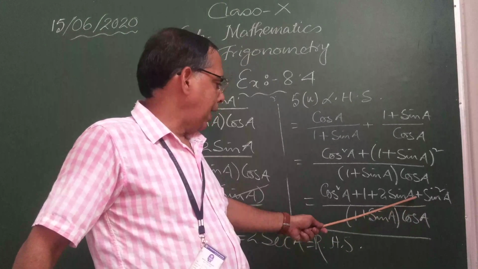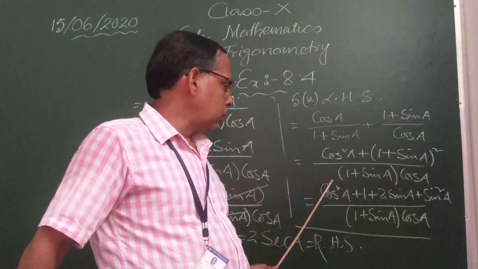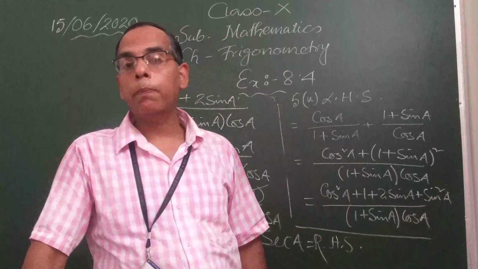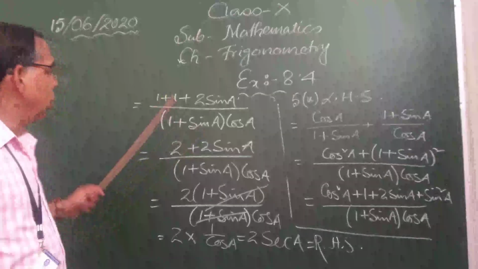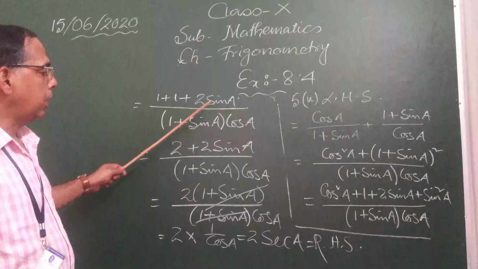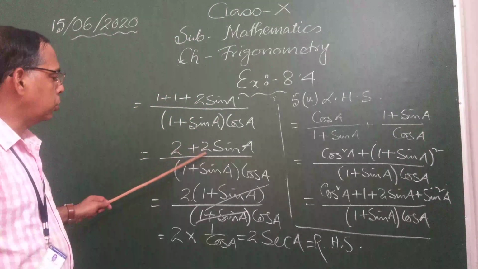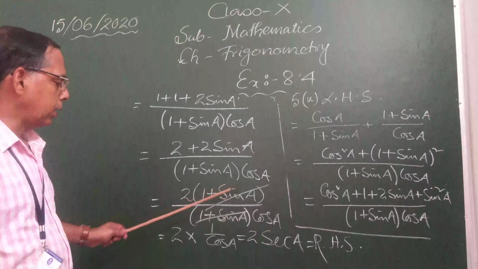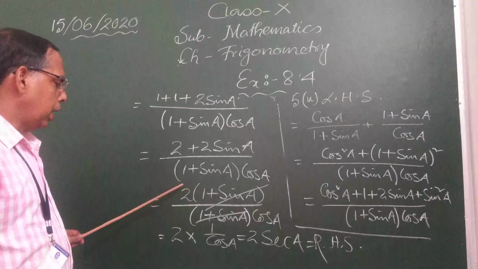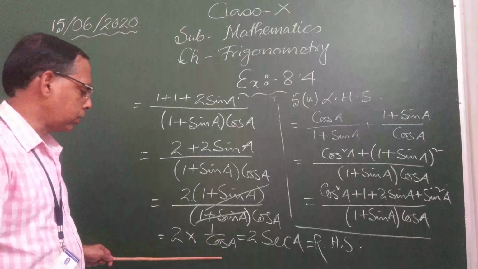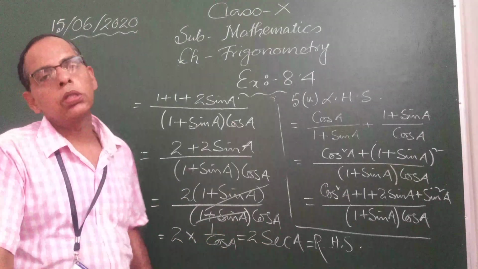Then cos square A plus sin square A is equal to 1, so 1 plus 1 plus 2 sin A. 1 plus 1 is 2, 2 you take common. Then 1 plus sin A cancels with 1 plus sin A. What is left is 2 into 1 by cos A, that is 2 sec A.